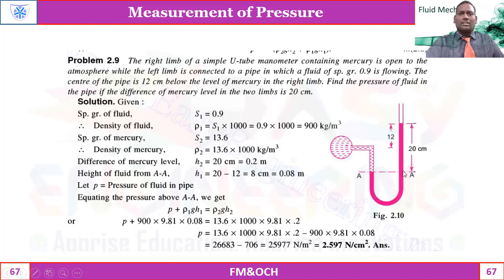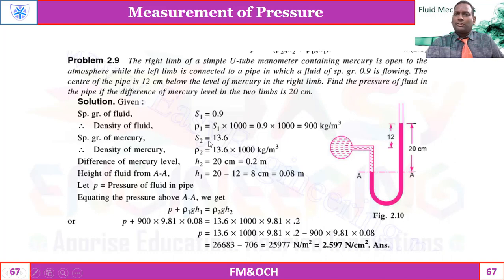First of all, for the given data we must write what is given. The specific gravity of the working fluid is 0.9. So we must find the density. Density is nothing but specific gravity times the standard fluid density, 1000. So the density is 900 kg per cubic meter. Also, there is another liquid, mercury.